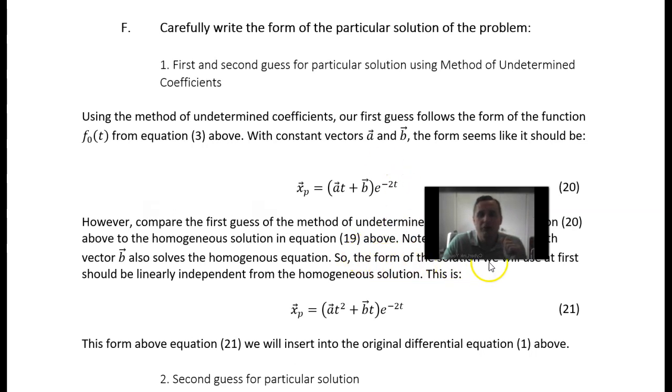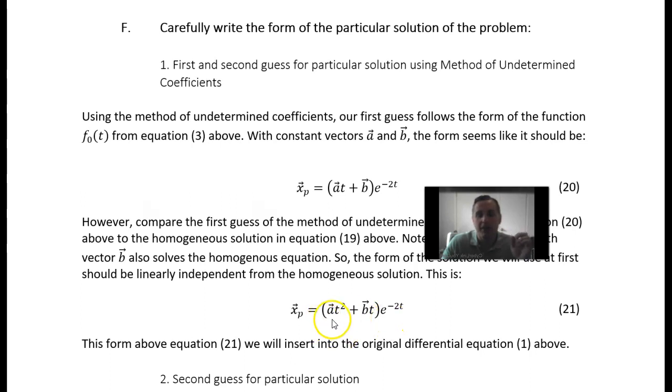So the form of the solution we will use at first should be linearly independent from the homogeneous solution. In other words, we need to multiply by the independent variable t to make this linearly independent from anything that is in the homogeneous solution.